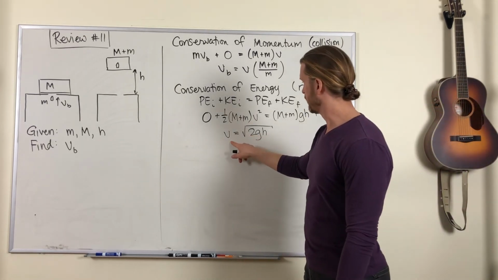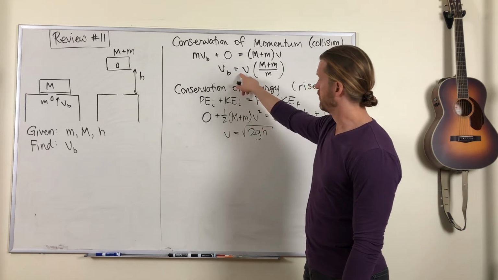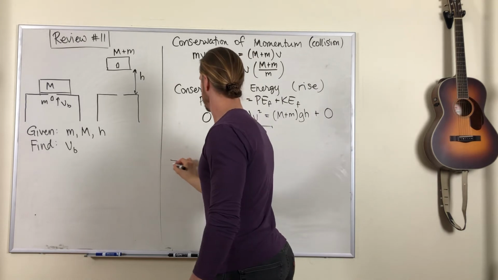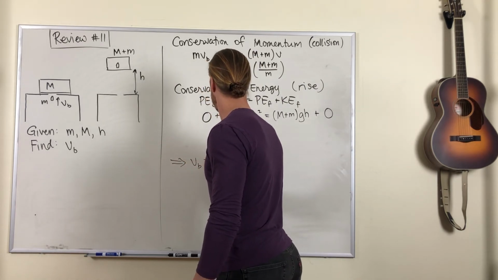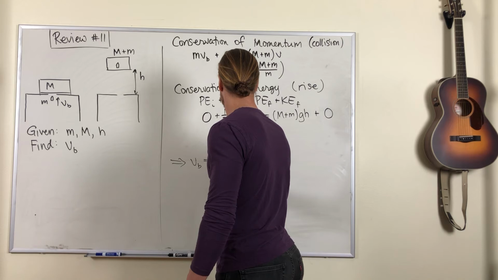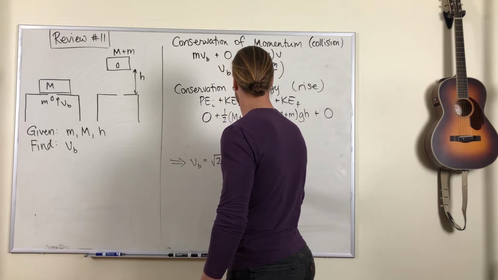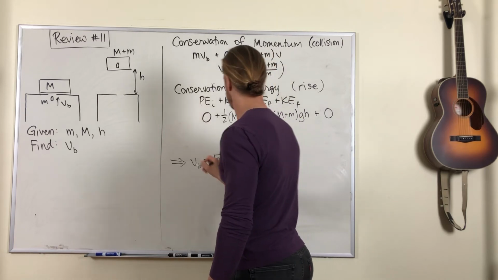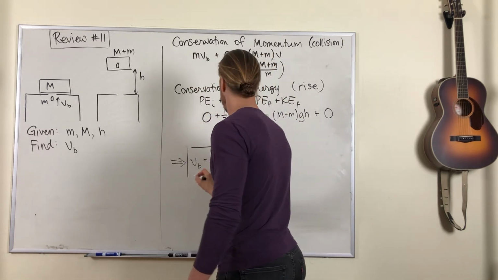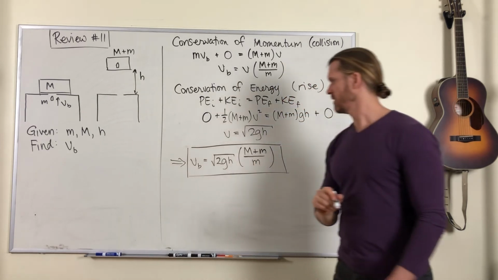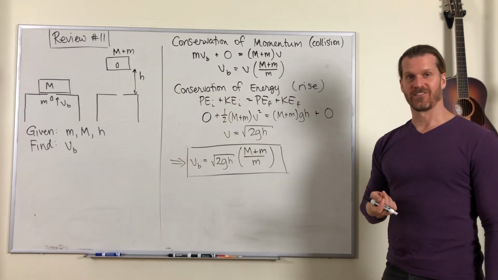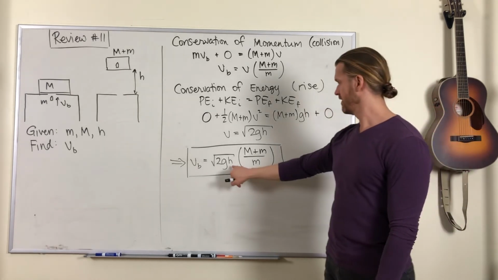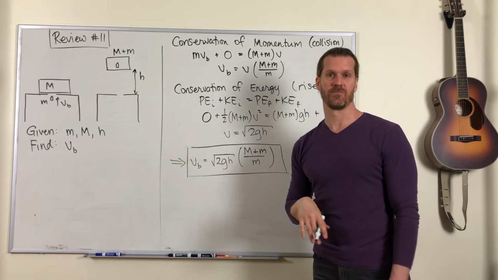We substitute this result in to our earlier expression for the speed of the bullet. And now we have a formula that lets us calculate the speed of the bullet based on a single measurement of the height of this system after the collision.